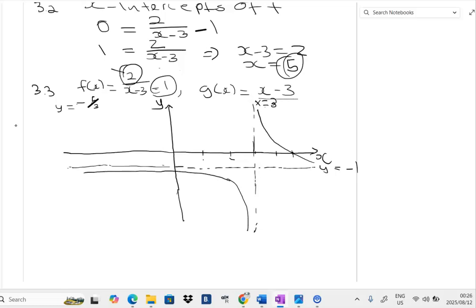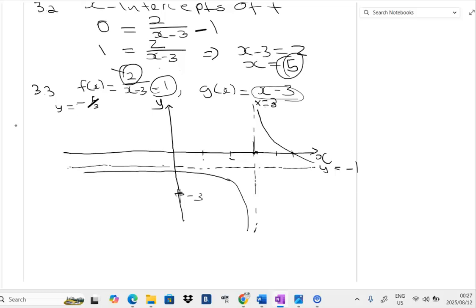Then we also have to draw this graph of g, because here we know that here is 3. It has an x-intercept at 3, and it has a y-intercept at negative 3, somewhere around here.